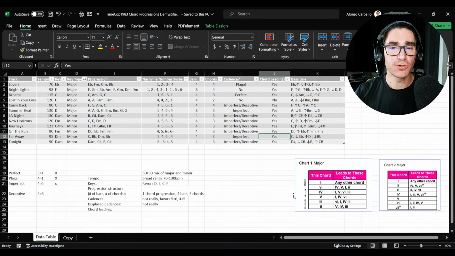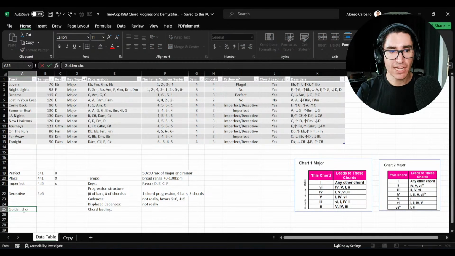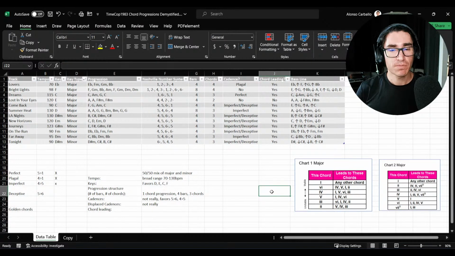But what I can tell you, for 11 out of his 12 tracks that I analyzed, you could create a similar chord progression using chord leading charts. So this helps us become aware, or confirms, that chord leading charts are useful out there in the wild.